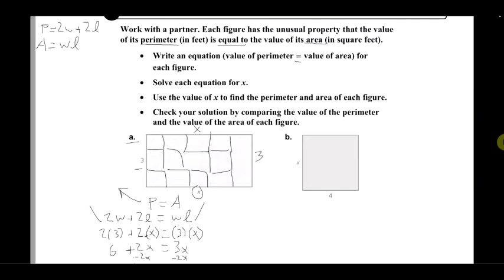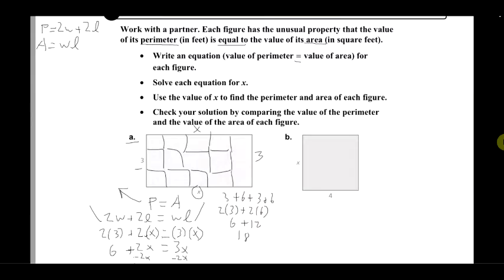If we have 3 plus 6 plus 3 plus 6, or adding up all the sides, another way to write that would be 2 times 3 plus 2 times 6. Simplify, we have 6 plus 12, or 18. That means the perimeter is 18 if we add up all the distances on the sides.